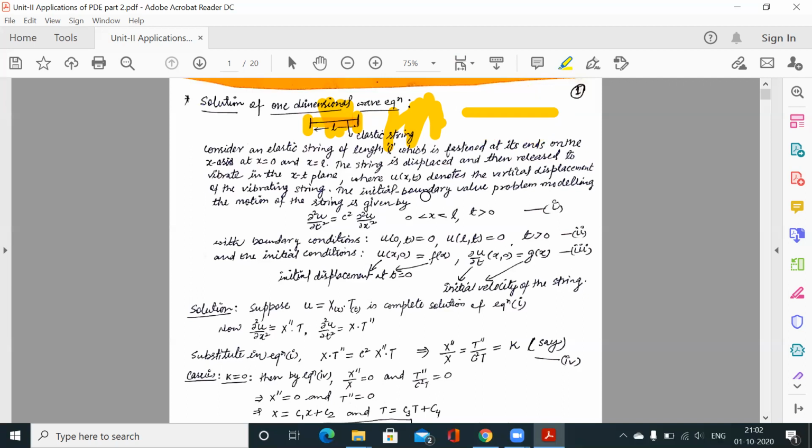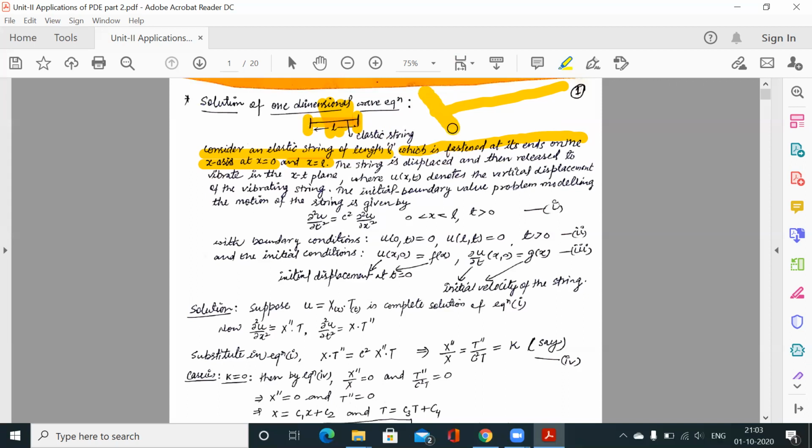What is written here is what I told you. Consider an elastic string of length L, which is fastened at its ends on the x-axis at x equals 0 and x equals L. Suppose this is the x-axis and your string is on the x-axis.